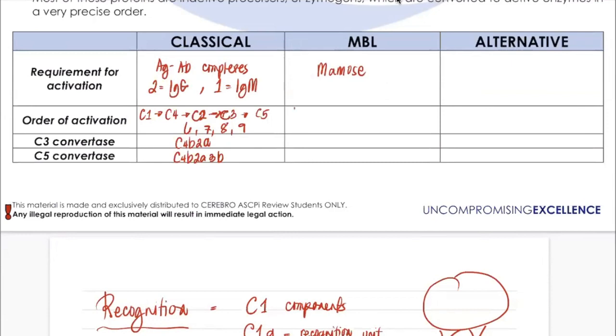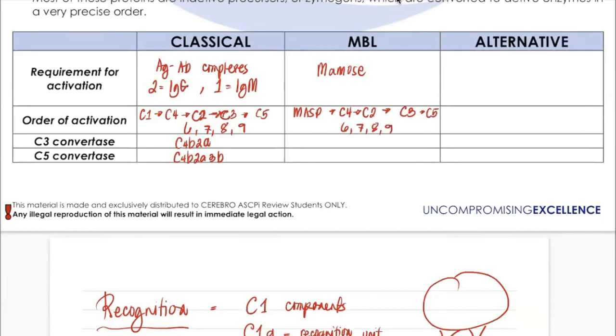No? Yung MASP, ito yung counterpart ng C1 ng classical cascade. Then the MASP will activate C4 and C2 simultaneously, eventually activating C3, activating C5, no? Tapos didikit na si 6, 7, 8, tsaka si 9.